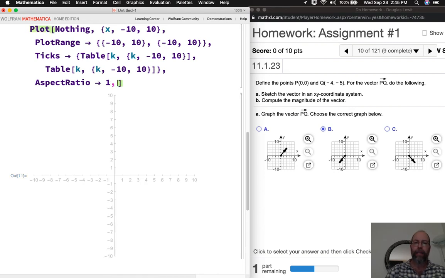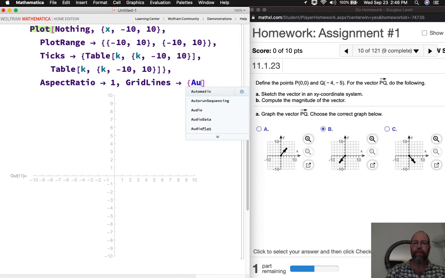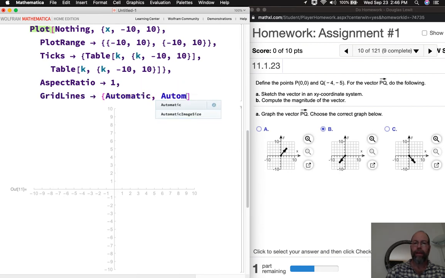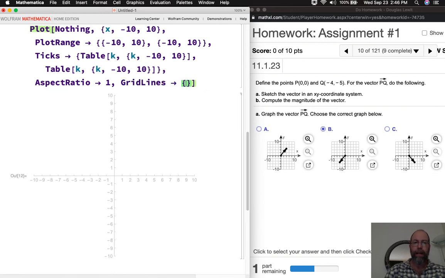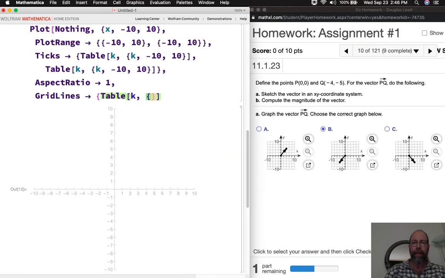And grid lines, let's see. Let me do the same thing that I did for the ticks. Table, and k will go from -10 to 10.